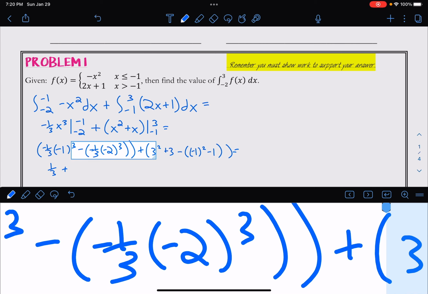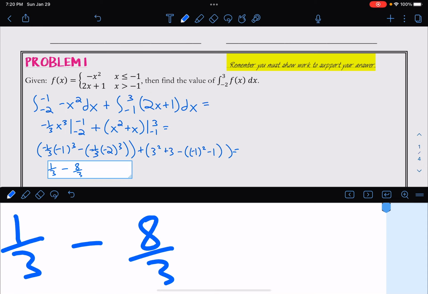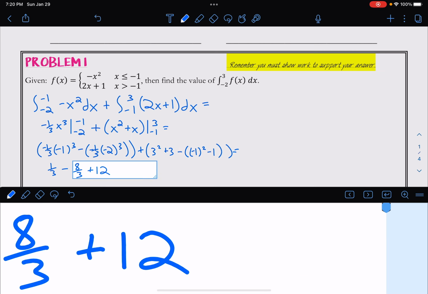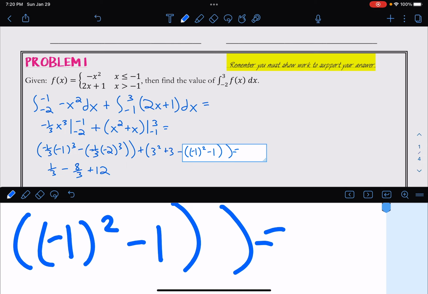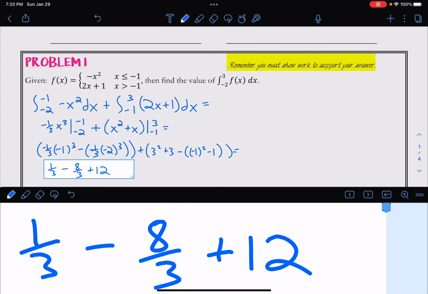Then I have a negative on the outside of the parentheses and a negative on the inside, and I have negative 2 to the third. That's 5 total negatives, so this one's actually going to be minus. 2 to the third is 8 divided by 3, so that's minus 8/3. 3 squared is 9 plus 3, so that's 12. And negative 1 squared is 1 plus a negative 1, so that's 0. Those cancel each other out.